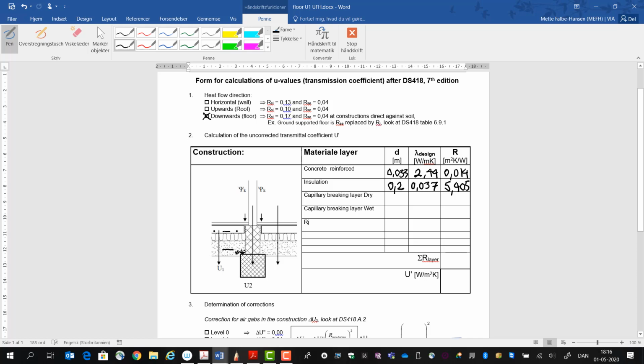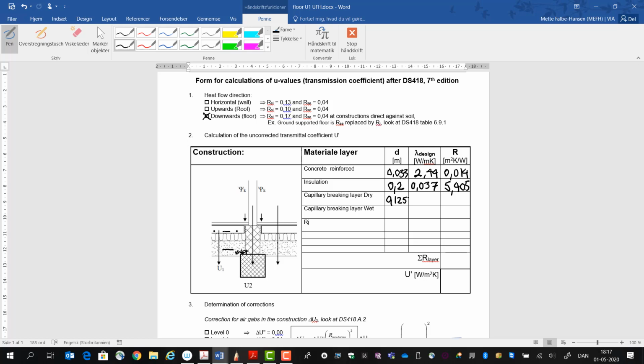That's where the moisture can be sucked up, and then it's dry below. So we have 200 minus the 75, so 125, so 0.125. Then we need to find the lambda value for that.